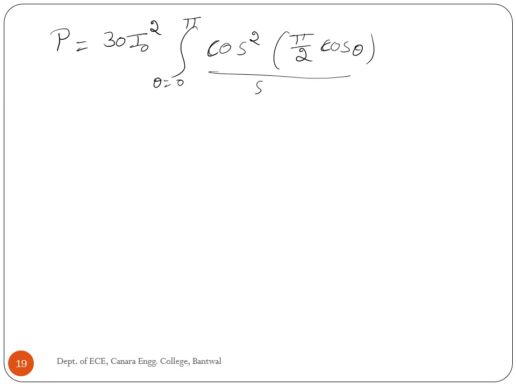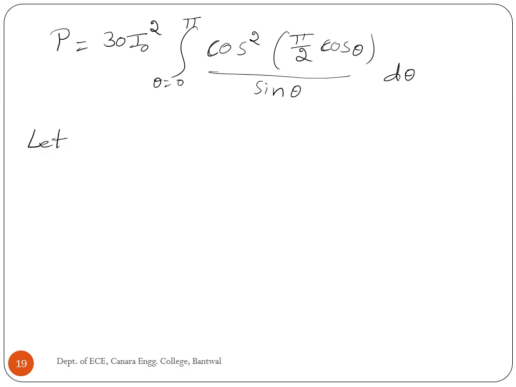Therefore, radiated power is equal to 30 I naught square, integration from 0 to pi of cos square of pi by 2 cos theta divided by sin theta d theta.